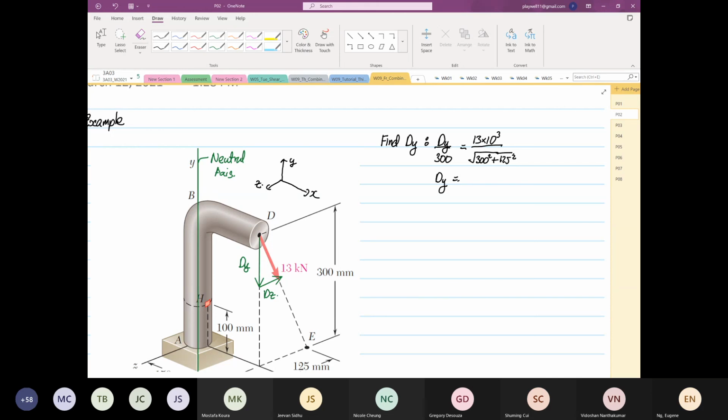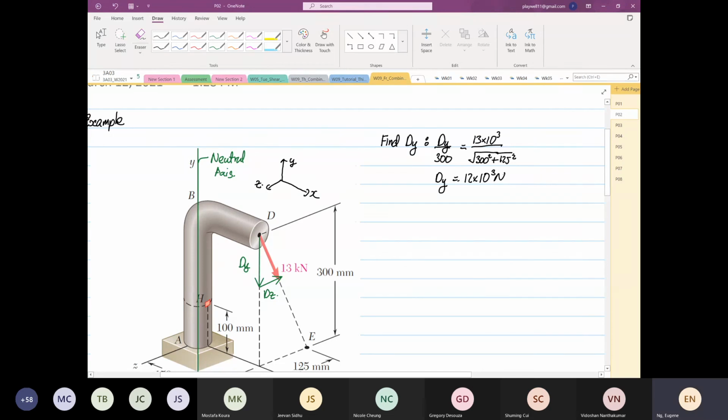Okay, I got it. So it's the square root of 300 squared plus 125 squared, close bracket. So equal to 300 divided by the square root, times 13 to the power 3. So it's equal to 12,000.